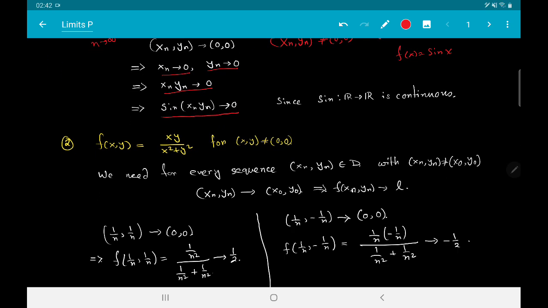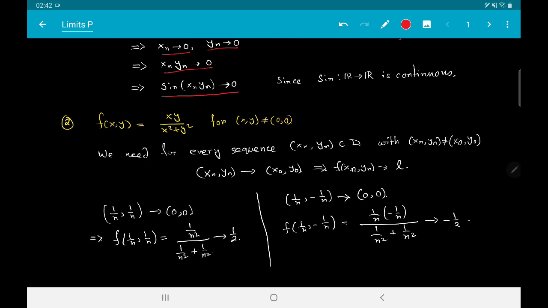Then we come to our favorite kind of functions that we have seen when we talked about continuity. Let's say f(x, y) is xy divided by x squared plus y squared for (x, y) not equal to (0, 0). Note that here D is not the whole of R2, it is R2 minus (0, 0).